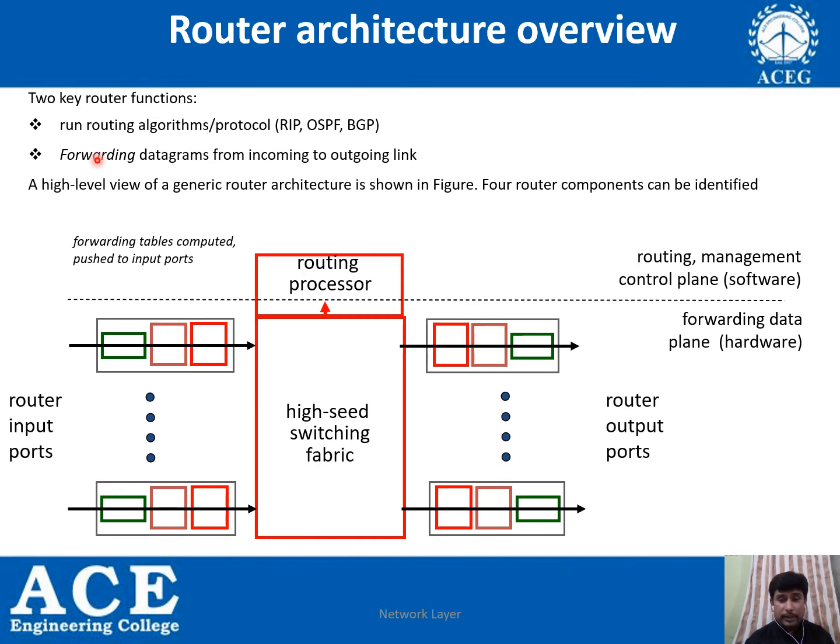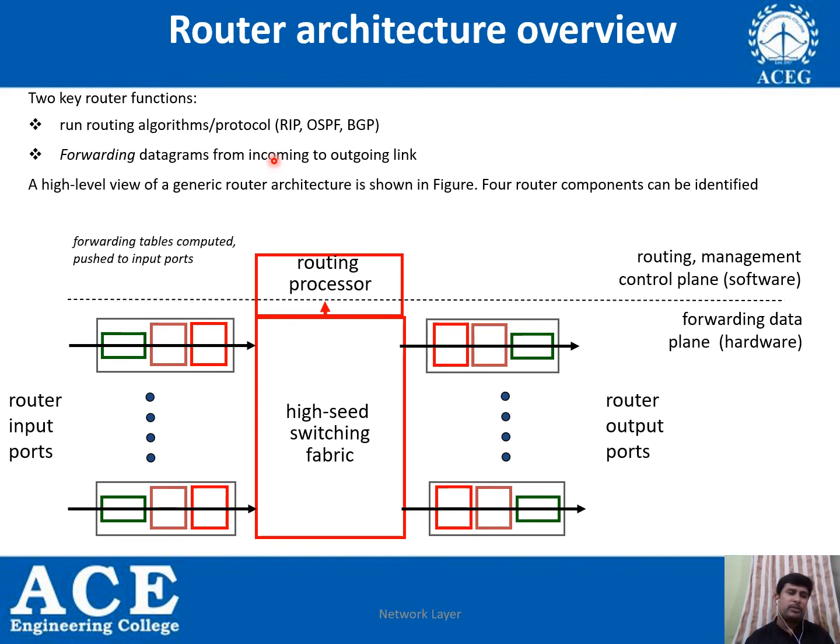Now, one more very important role played by routers is, from the source to destination, to implement host to host delivery, a path has to be established, for which we need a different set of routers along with the source and destination. What routers are to be involved, and what path is to be followed by the datagram from source to destination, will be determined by routing algorithms. So one more key function of routers is to run the routing algorithms, so that we can identify the optimum path, for which the routers use a particular set of protocols.